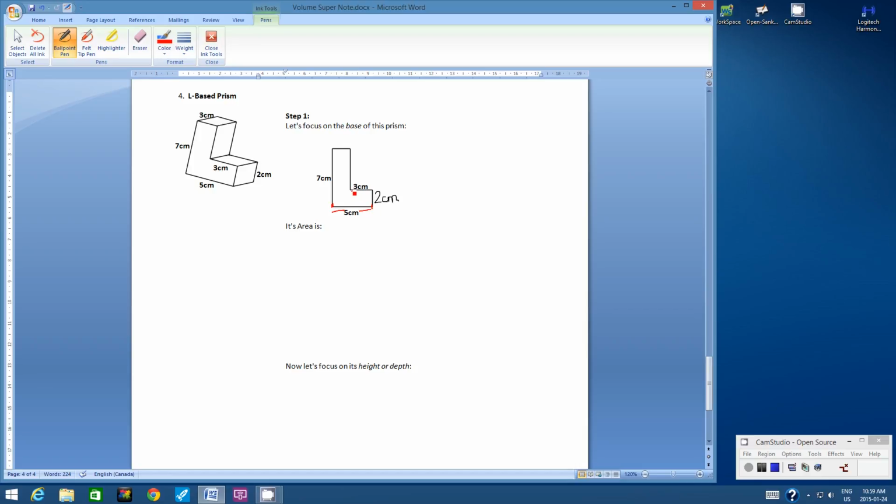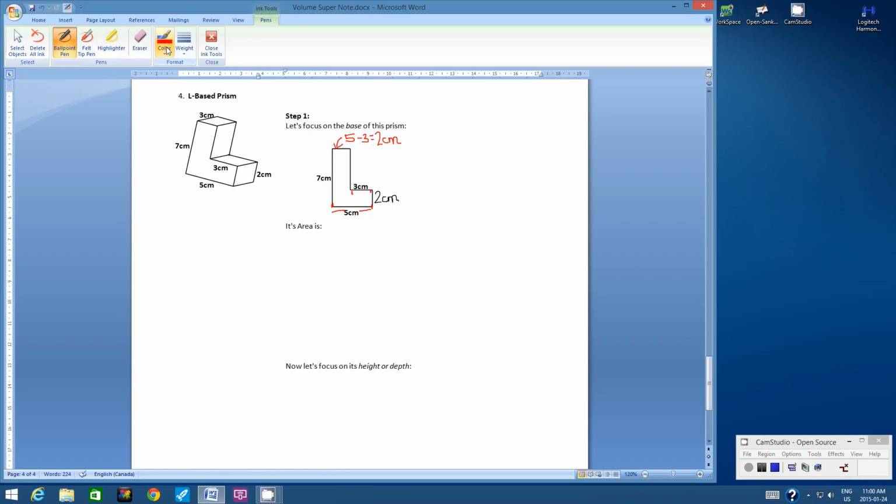But we also know from here to here is 3 centimeters. So how would we solve for this missing length here? When you show me your work, hopefully you came up with an answer of 5 minus 3 equals 2 centimeters.